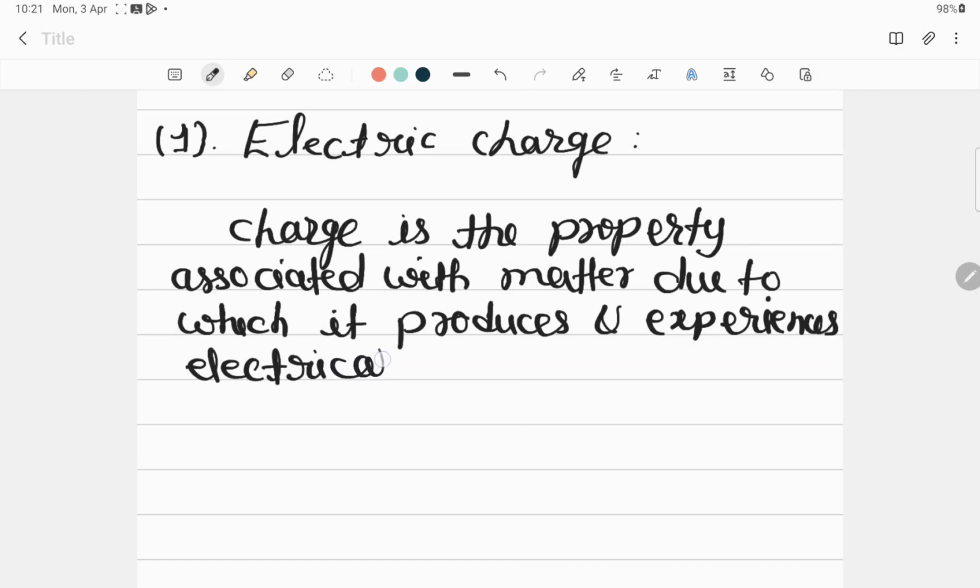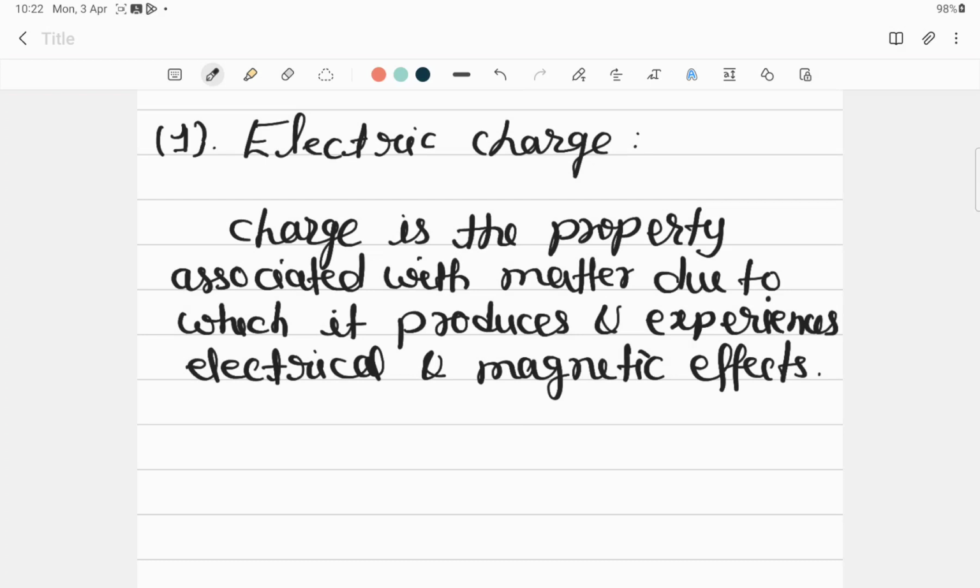So what is being said? So charge is the property associated with matter due to which it produces and experiences electrical and magnetic effects.